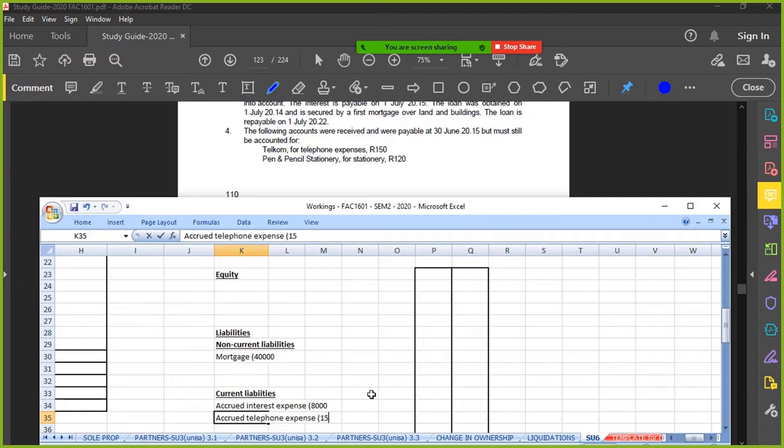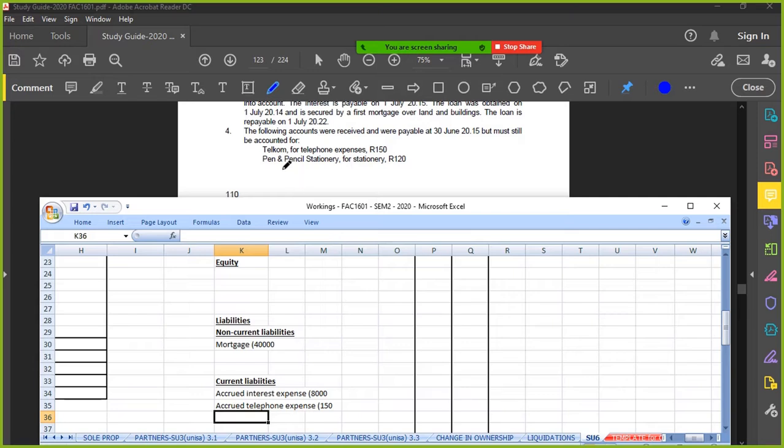Okay, how much? 150. All right. You also had stationery. Okay, this is something else. What is it actually? Oh, actually it is the same, because this was all payable. So if it's all payable, it means it's still an accrued expense. So it's actually a copy paste. Okay.